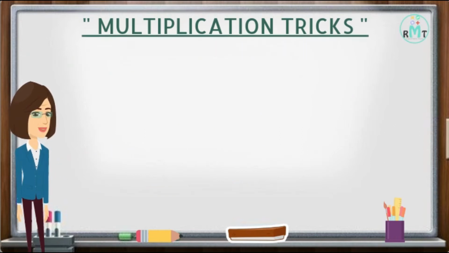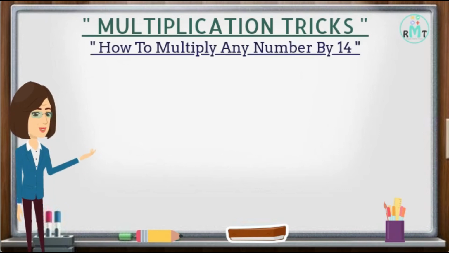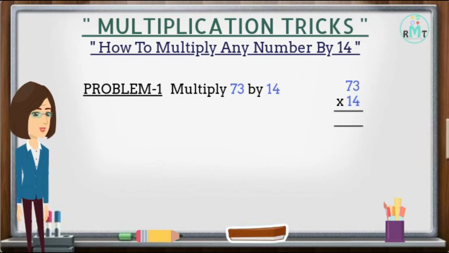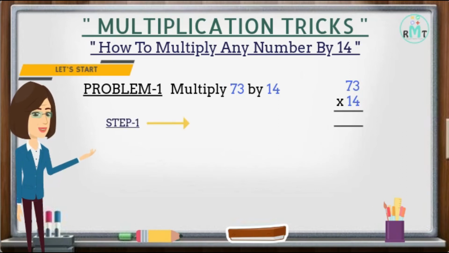1256. Now, we will solve a few problems on trick 3, which is how to multiply any number by 14. Problem 1. Multiply 73 by 14. Let's start. Step 1.